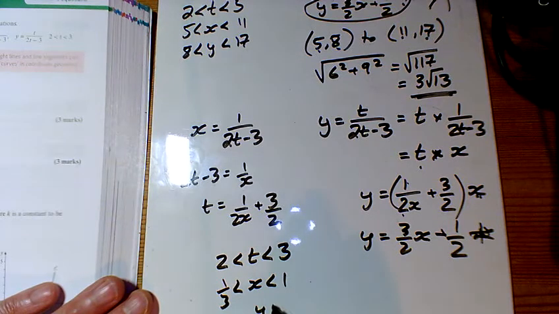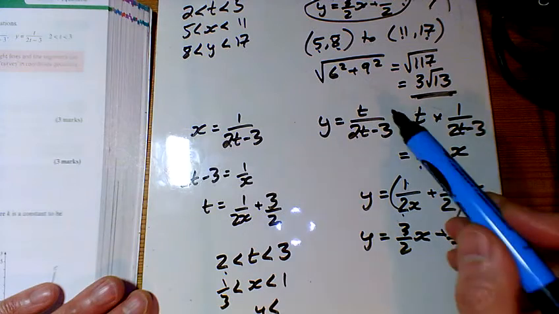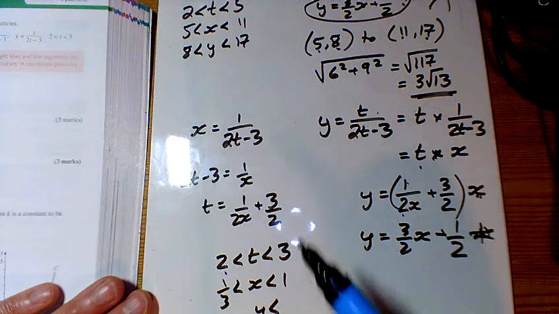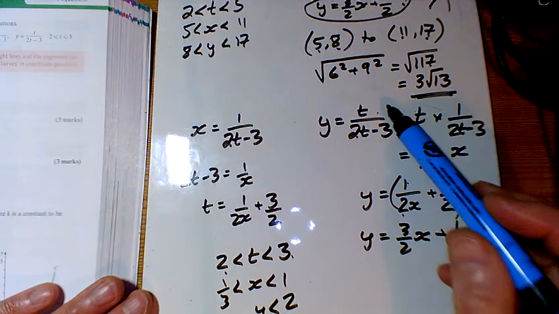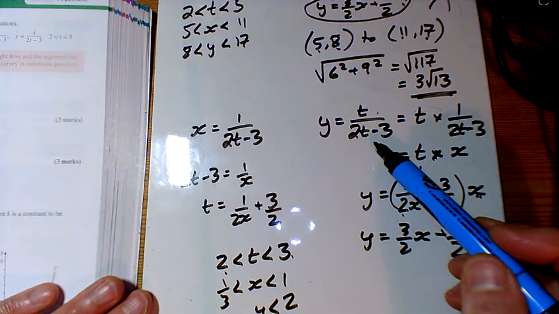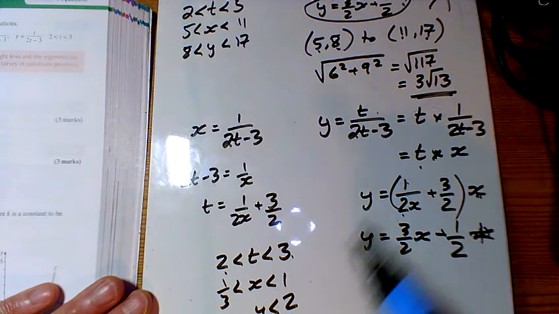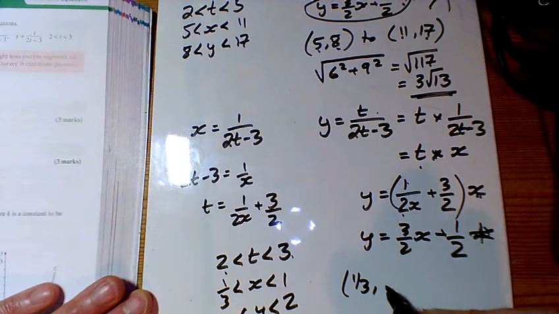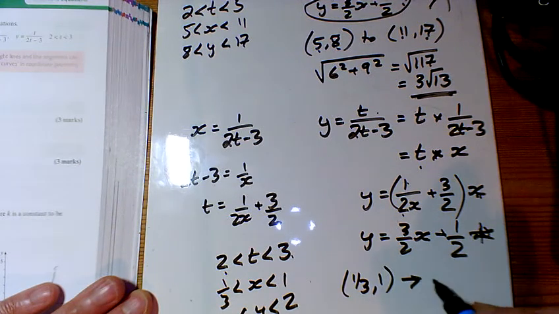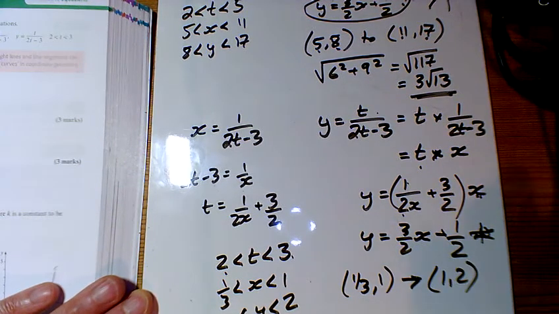And the y values, stick the 2 in here, we get 2 over 1, which is 2. And stick the 3 in here, we get 3 over 6. We get 3 over 3, which is 1. So we're going from 1/3, 1 all the way up to 1, 2.